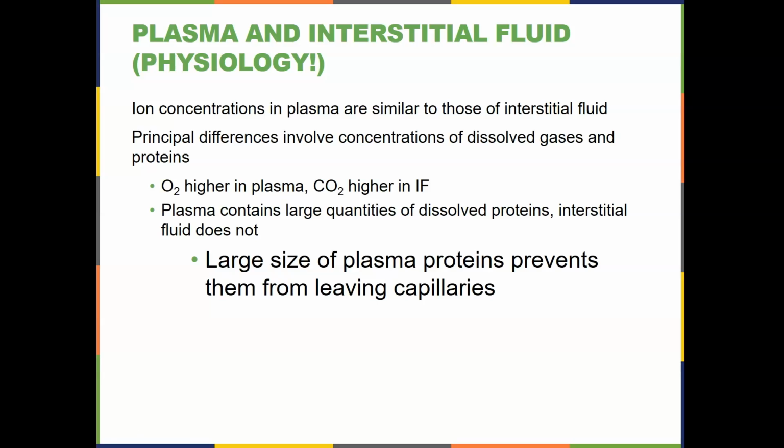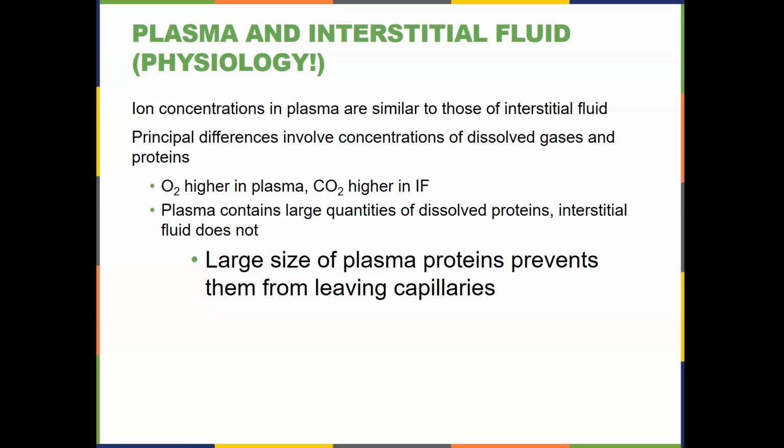On the other hand, interstitial fluid is the fluid, the salty liquid surrounding cells outside of the blood vessels, right? So you have oxygen that can diffuse over into the tissues, but the tissues themselves have more CO2 in them. So interstitial fluid, IF, has more CO2, whereas plasma has more oxygen. Plasma itself has lots of dissolved proteins.